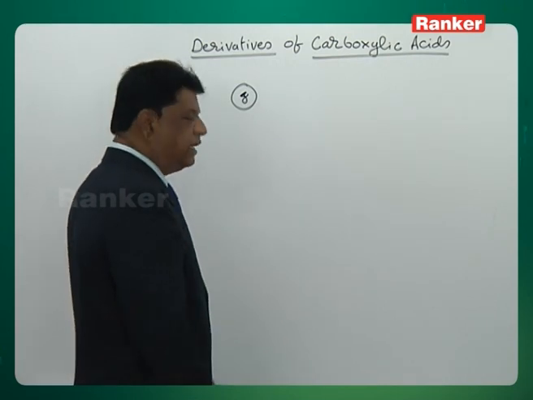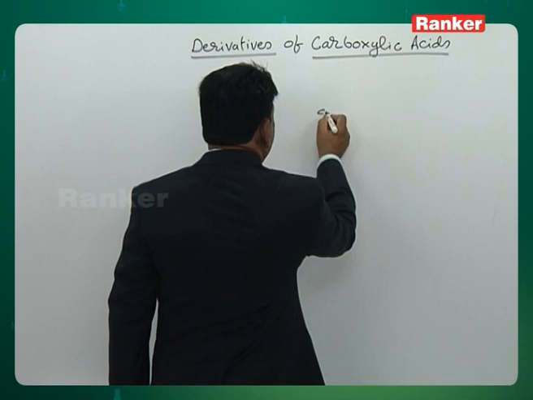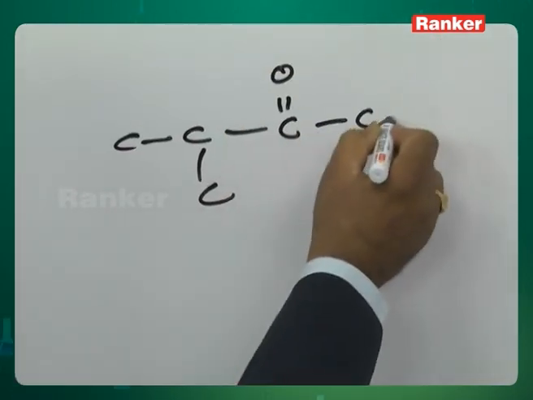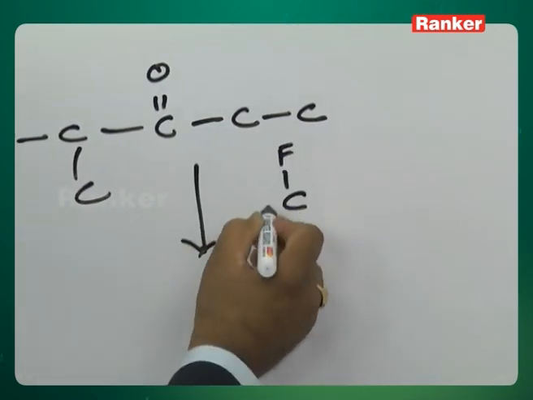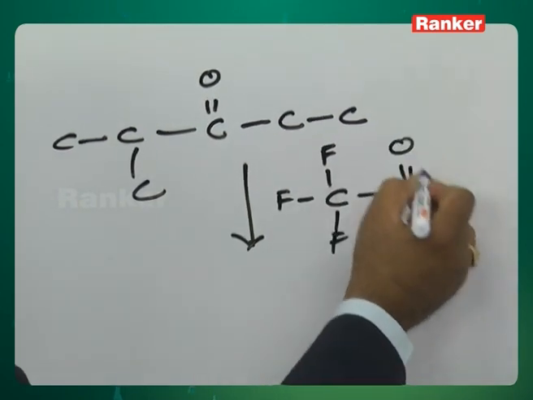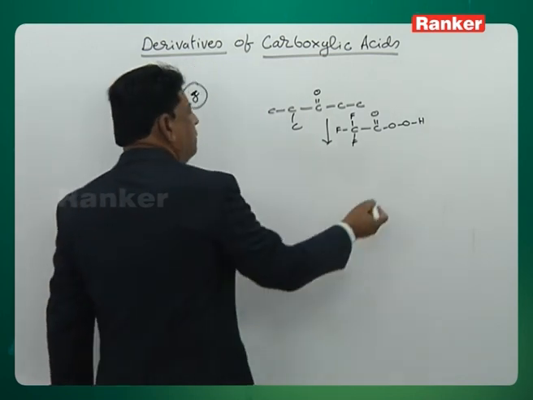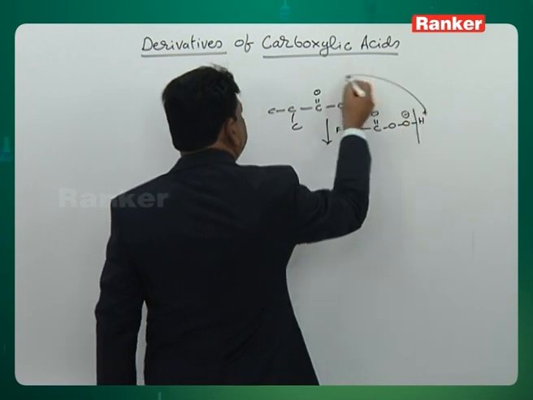In this reaction, what has happened? Let us see. It is a ketone with isopropyl on one side and ethyl on the other, and trifluoroperacetic acid is added. This peracid will break up into minus and plus, and the plus will be added here.